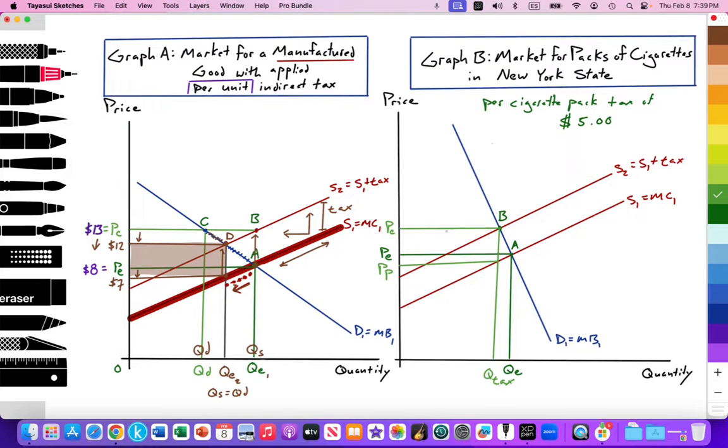So on an exam, you would draw this as opposed to what I've drawn in graph A. And then I'll label this point C. And then I'll go ahead and label some areas so I can evaluate its impact on consumer and producer surplus. A, B, C, D, E, F, G, H, and I there.